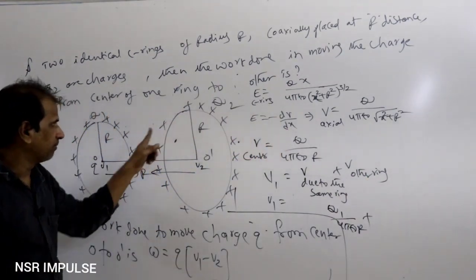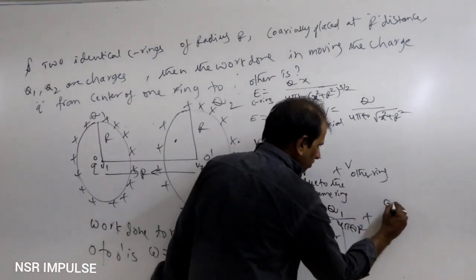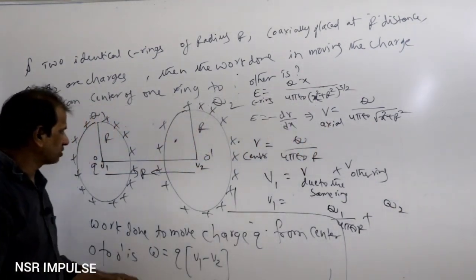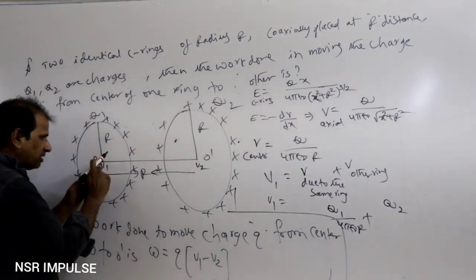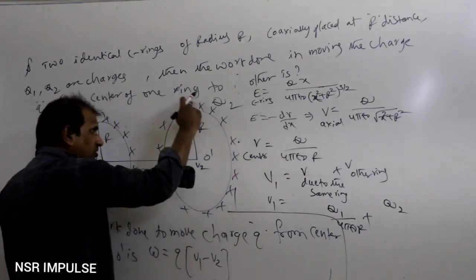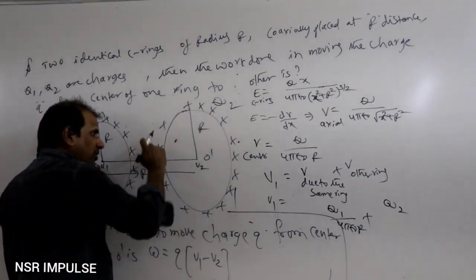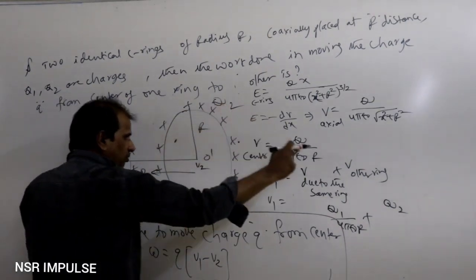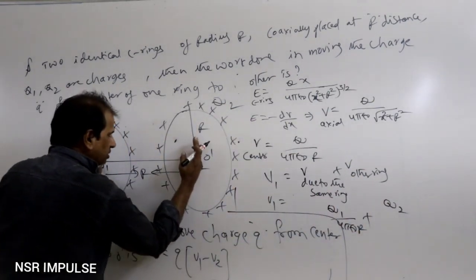Potential due to the other ring means Q2, and we have to find it at some distance.